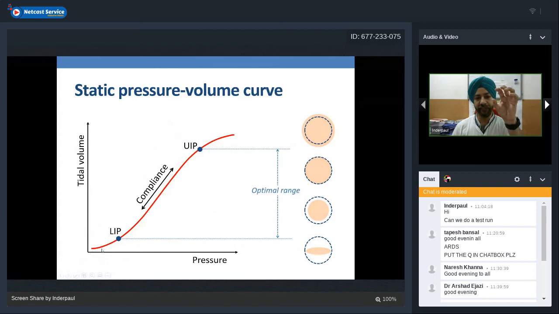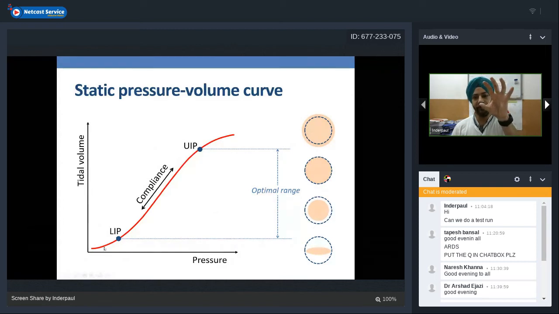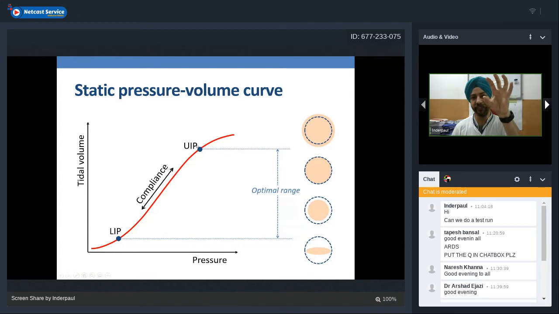As you increase the pressure, these collapsed alveoli will start to open up, and you will see a sudden deflection where there is an exponential rise in tidal volume. So at a small increase in pressure, you will see a large increase in tidal volume, till you reach a point where even if you increase the pressure further, the volume will not increase.